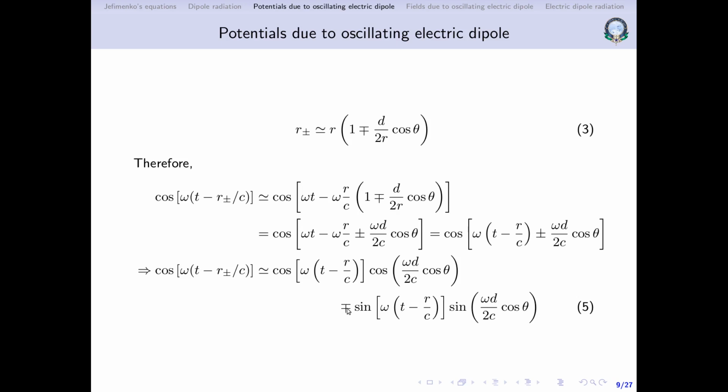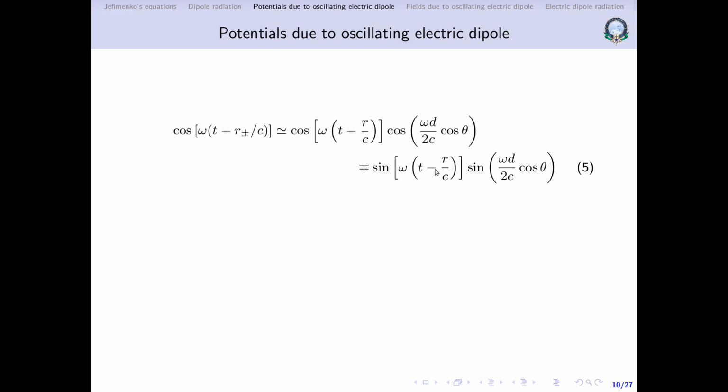If it is plus, we get a minus here; if it is minus, we get a plus here. This is a basic trigonometric identity. So I have just applied the cos a plus or minus b formula, and this is what we got in equation number 5.